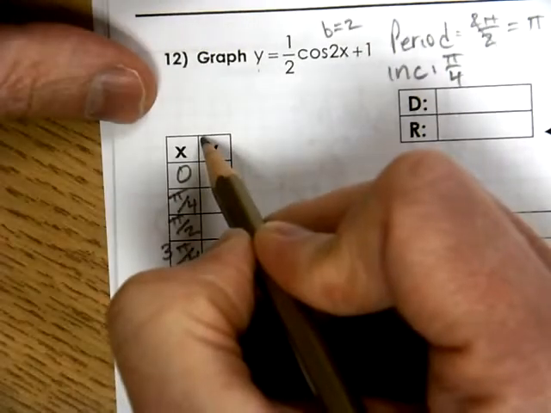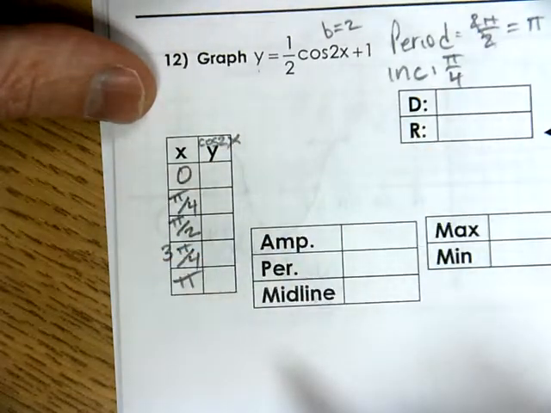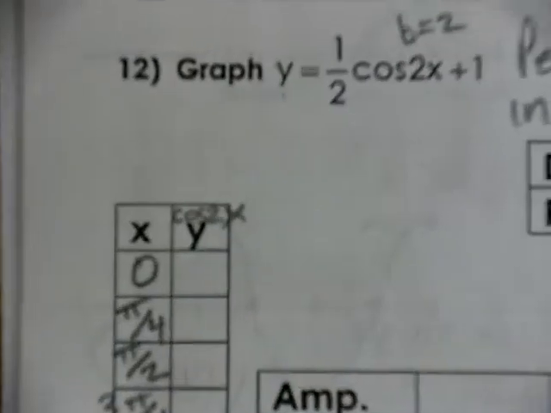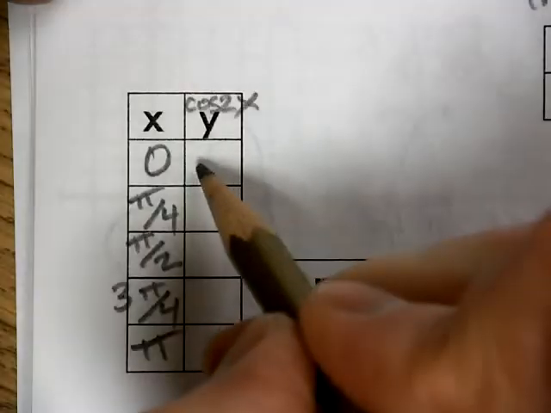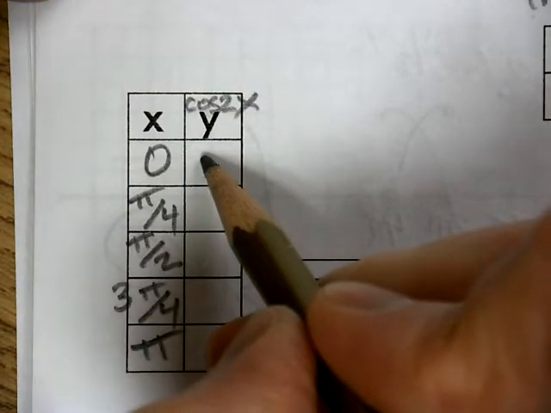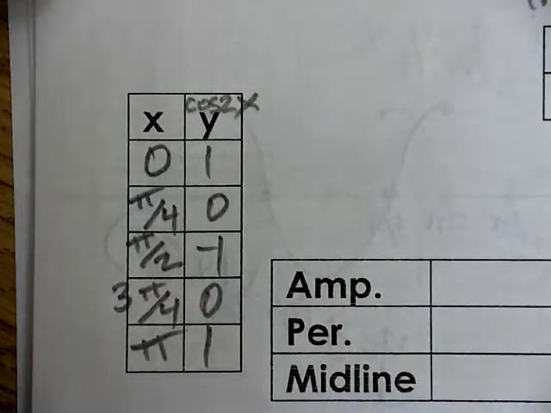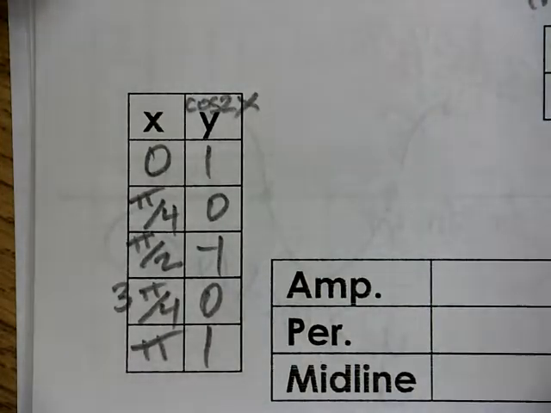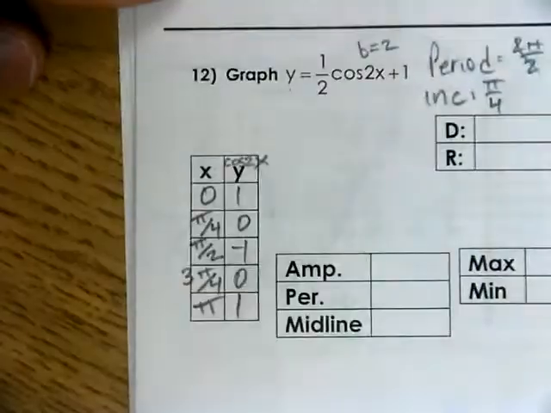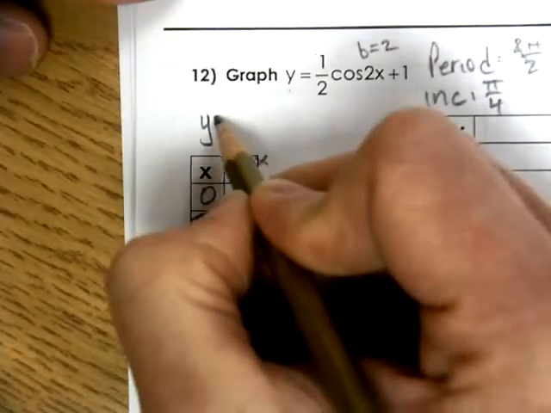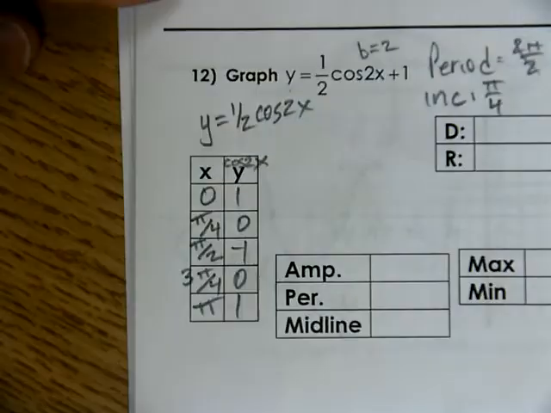We know that this would be the cosine of 2x. Okay, this is cosine, so it starts at 1. And then we're going to do y equals a half cosine of 2x.